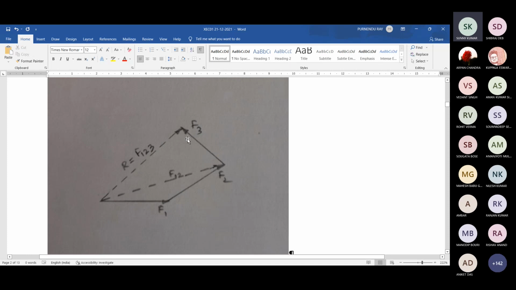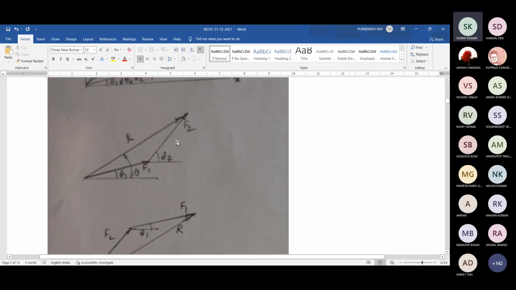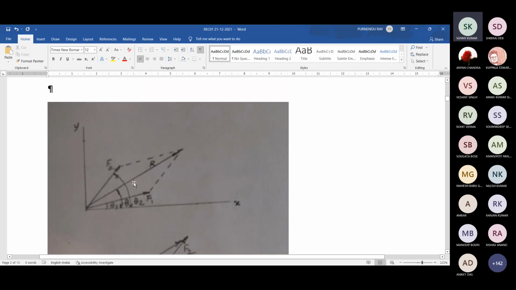Now a special thing regarding three forces. Now we go back to this situation. You forget about this R. F1 and F2 are two coplanar forces passing through this point. What is the equilibrium force?